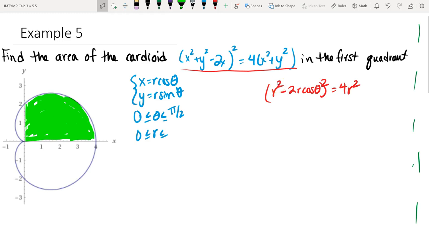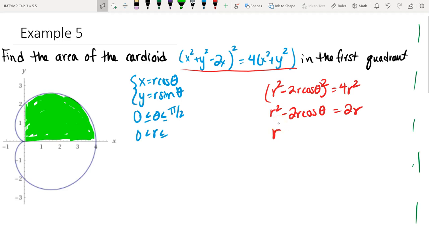Now what I have to do is maybe square root both sides, and this is okay because we know r is a positive number, so I can do that and say r squared minus 2r cosine theta is 2r. I'm going to divide everything by r, since r is non-zero, and actually that's one assumption that I should probably make here, is just that r is non-zero.